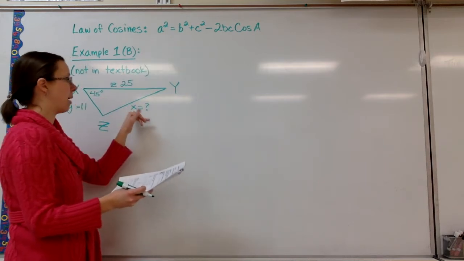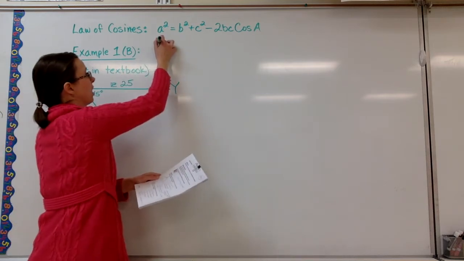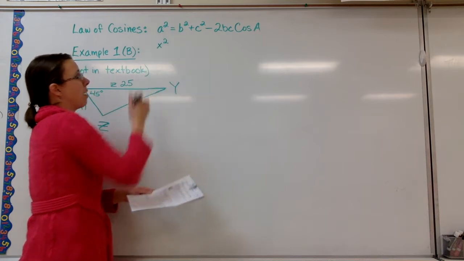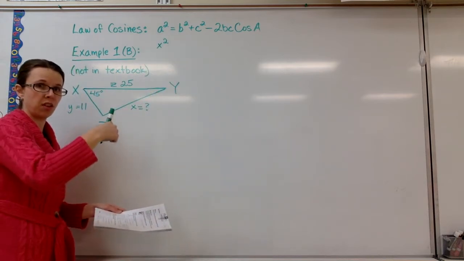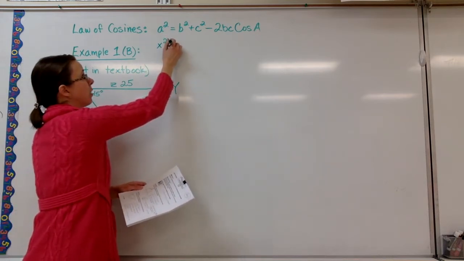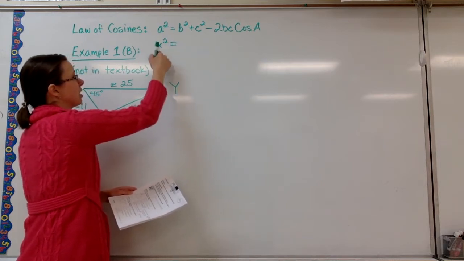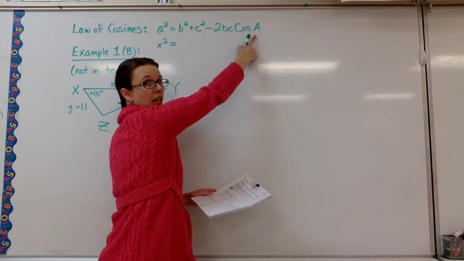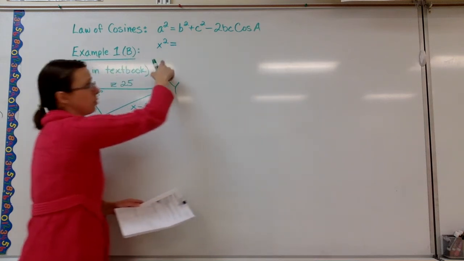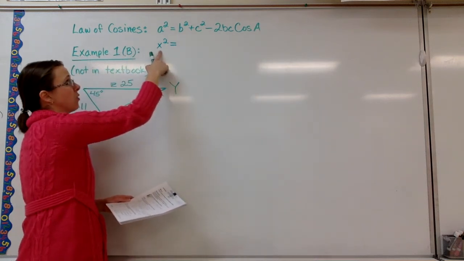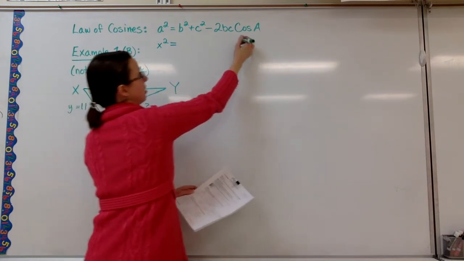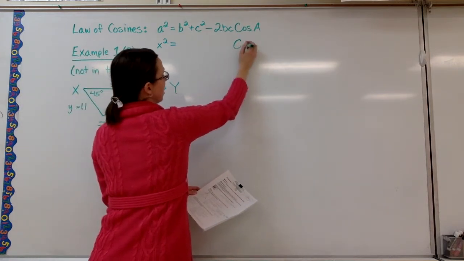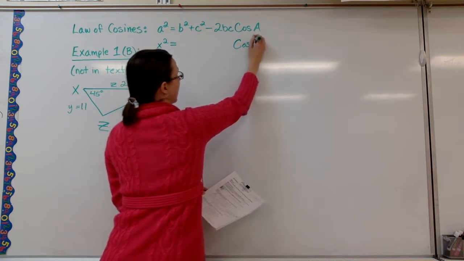So we're going to start by putting X squared here, and this is the form of this equation that you want to use for this particular example. So again, if we use X squared, just like before where A squared was paired with the angle that you were taking the cosine of, which was A, you want to do the same thing here, okay? So if this is X squared, then that means down at the end of this equation here is going to be cosine of capital X.